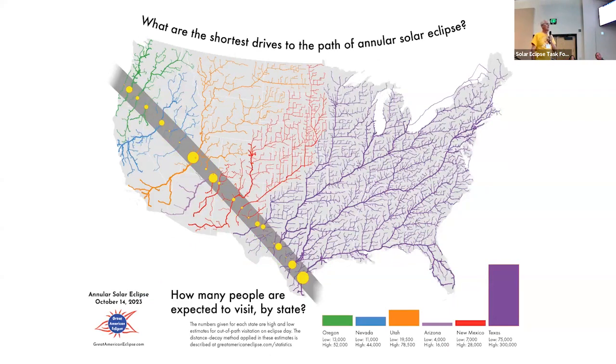And this is my drive shed map for the annular eclipse. What I did was I took my same model, but I adjusted it based on the simple fact that, in my estimation, people are more likely to drive long distances to see a total eclipse than an annular eclipse. That's natural.